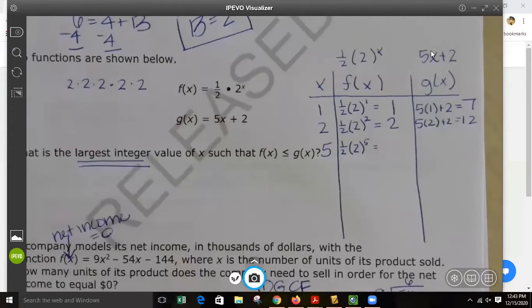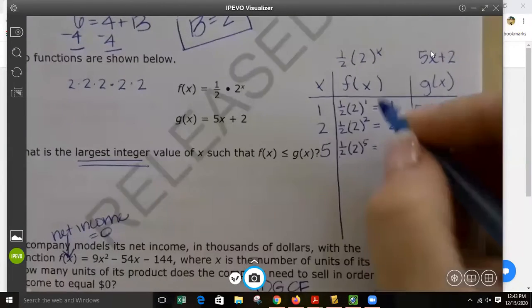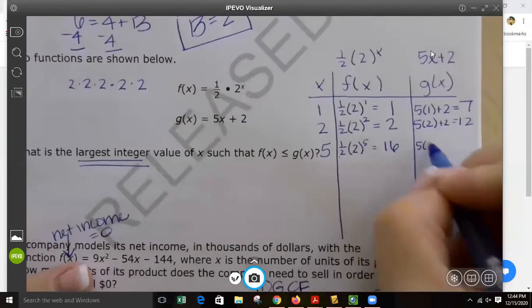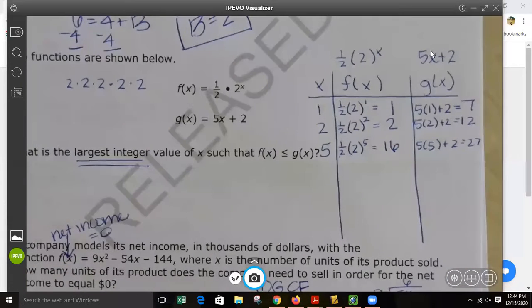That's 5 2s. So half of 32 is 16. Remember, you just multiplied 16 times 2 to get 32. All right, 5 times 5 is 25. Plus 2 is 27. So it's still smaller.